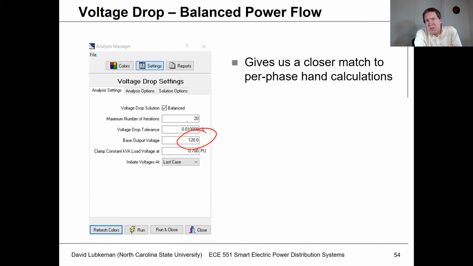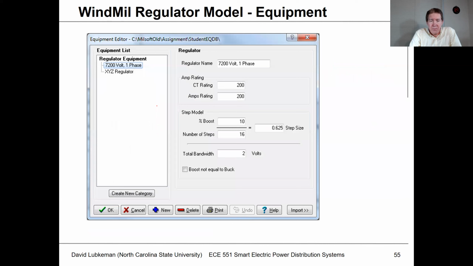That just makes it easier to check against my limits. You may also want to play around with the tolerance a little bit. And I'm using a balanced analysis, because when I did this by hand with the K factors, that assumes everything's balanced. So I'm really doing a per phase balanced analysis, and I would check this option for my voltage drop analysis.